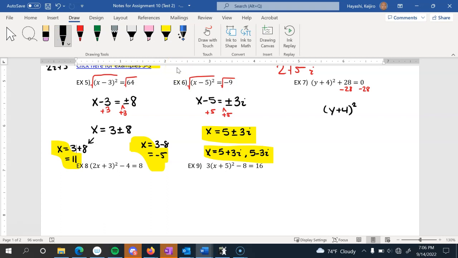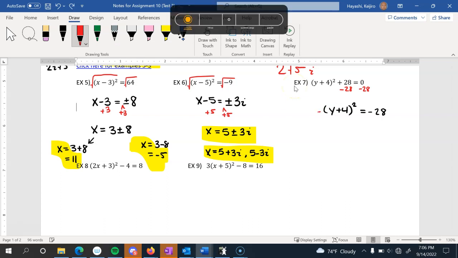So that gives us (y plus 4) squared is equal to negative 28. And now it looks kind of like the previous two did. It's ready to be square rooted on both sides.